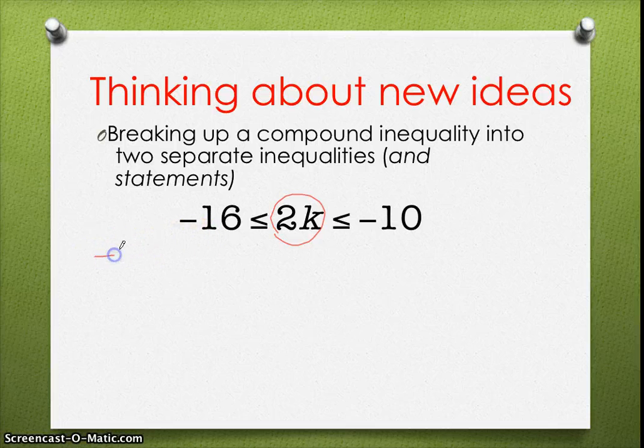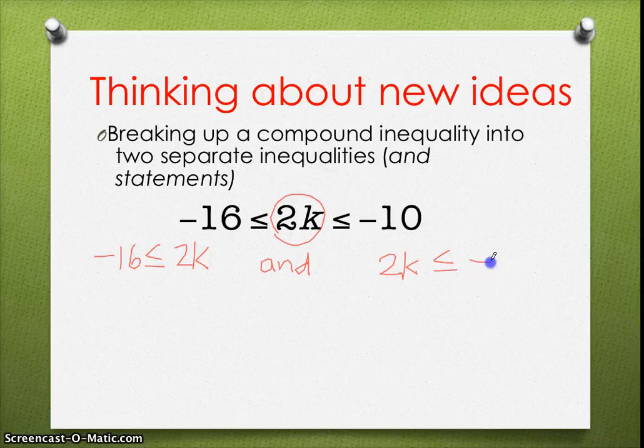So we're going to rewrite this as negative 16 is less than or equal to 2k. It's an AND statement. 2k is less than or equal to negative 10. So we can solve each of these independently by applying inverse operations.